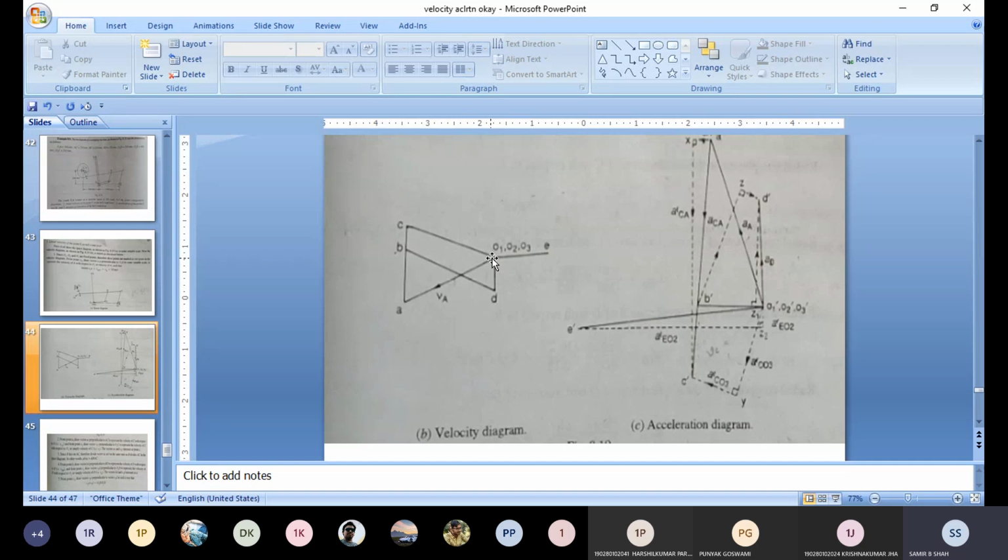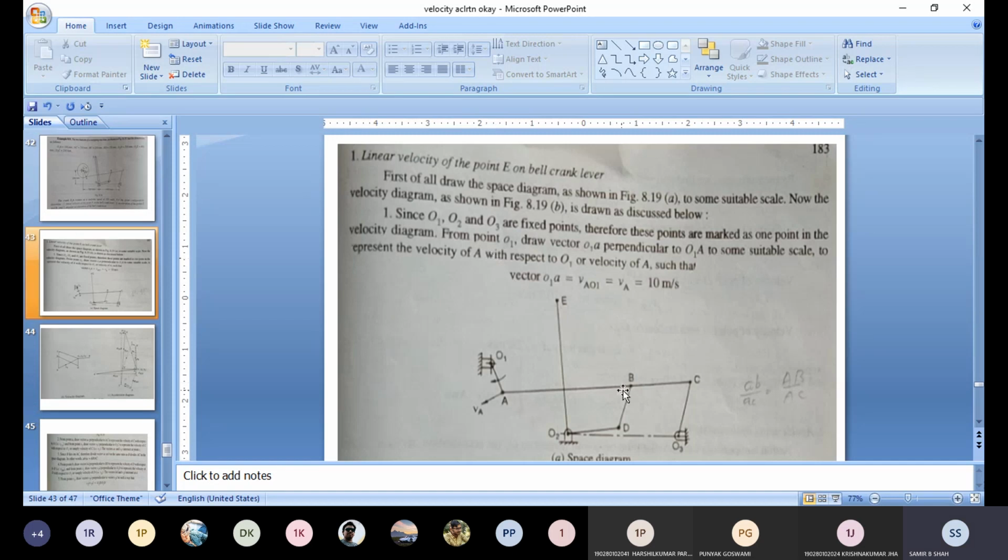After that, capital B lies on AC, therefore divide in vector ratio.